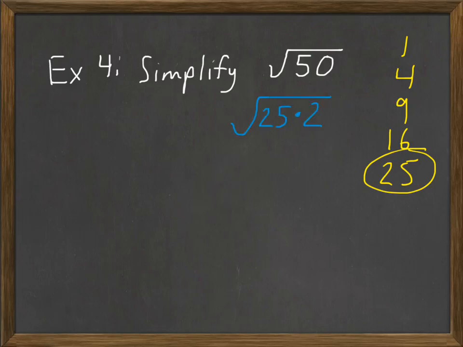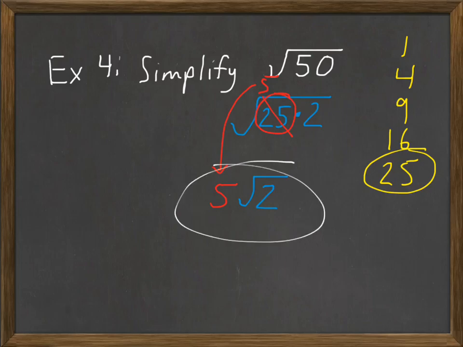And I could write the square root of 50 as the square root of 25 times 2. The perfect square here is 25, so that becomes a 5. Write it out front, and now I have 5 times the square root of 2. Well, there's no perfect square that goes into 2, so I guess we're done. The simplified form of the square root of 50 is 5 times the square root of 2.